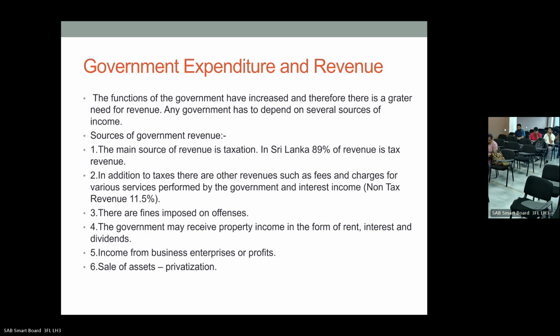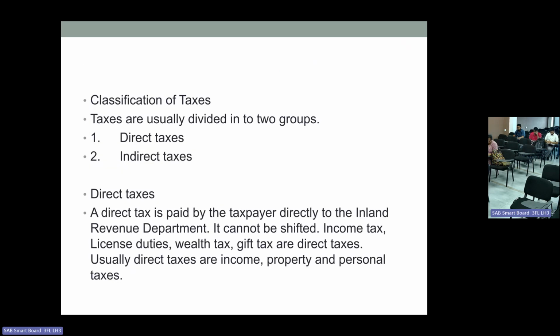Non-tax revenue is only an insignificant part: 89% comes from tax and 7% from non-tax. You can see the main sources of tax and non-tax. Please refer to those things.